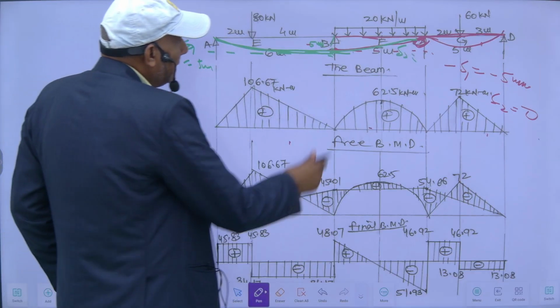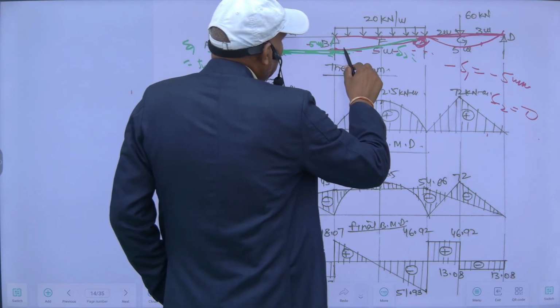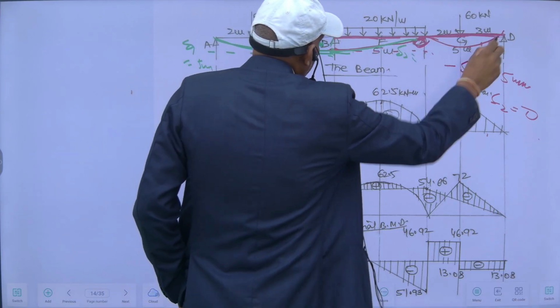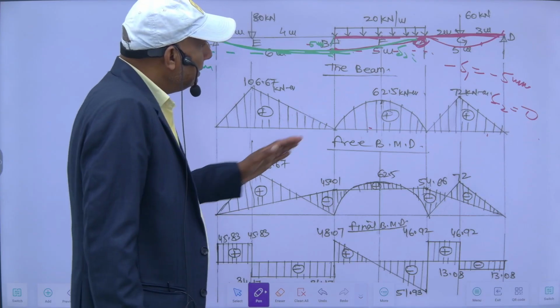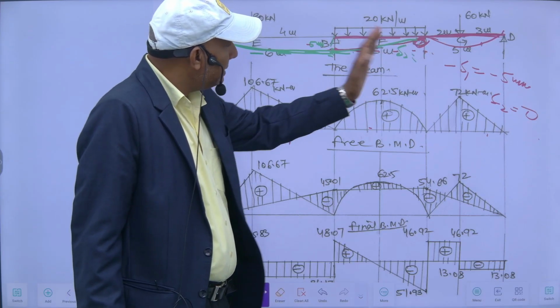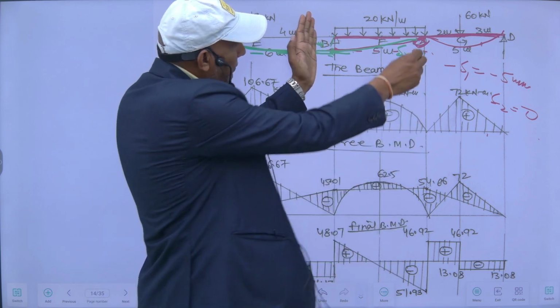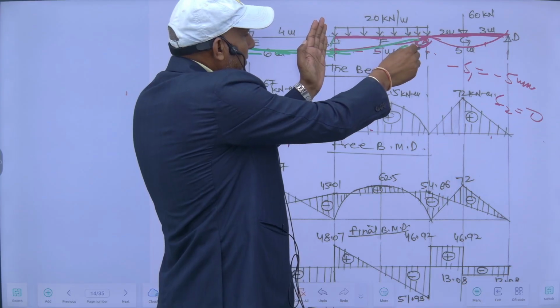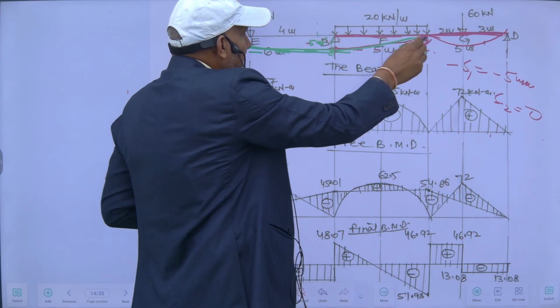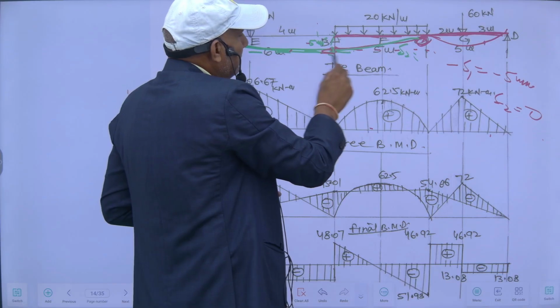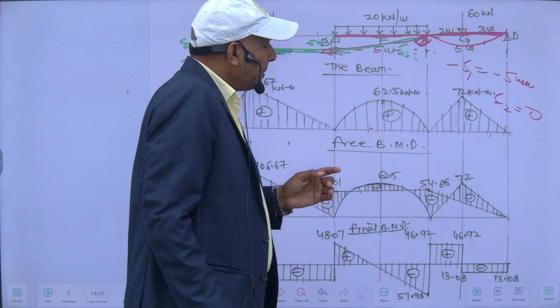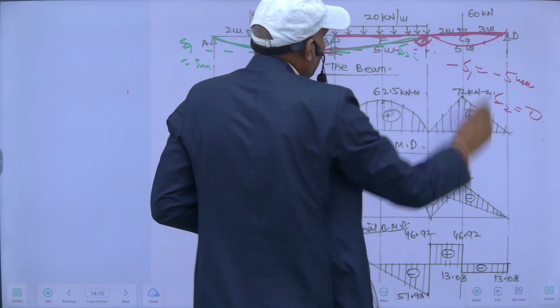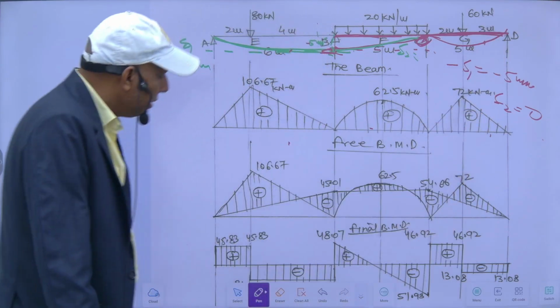But when I consider this span BC and CD, then the deflection of C will be at the center. Deflection of C with respect to this point will be minus 5 mm, since it is upward as against B, and since both are at the same level, delta 2 will be 0.